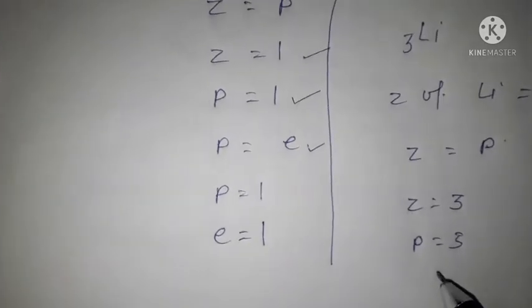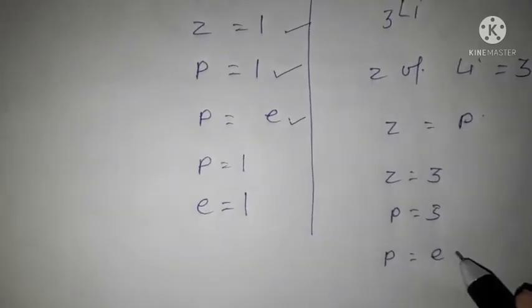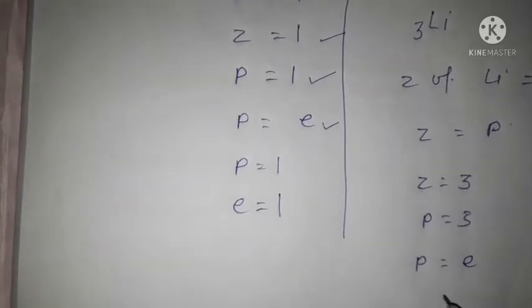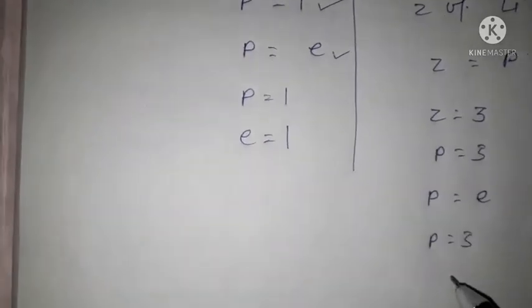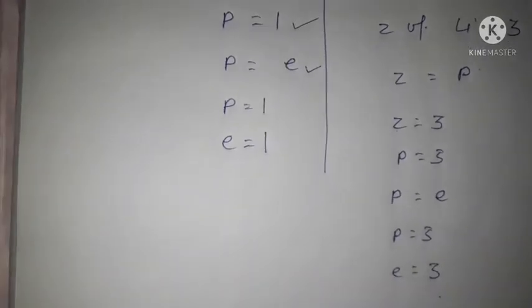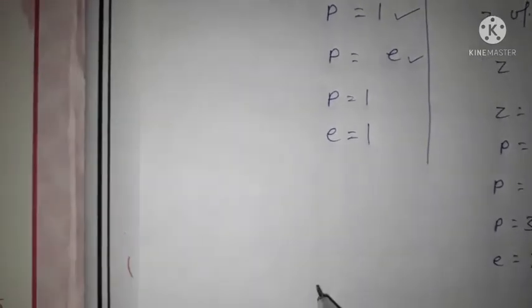As we know that the number of protons is equal to the number of electrons, if the number of protons in lithium is 3, then electrons are also 3. In this way, we derive Z, P and E for any element. We can easily calculate as a practice.